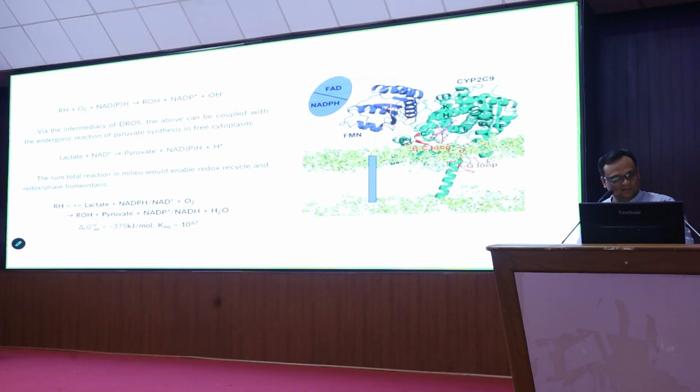Now you see the contribution where lactate along with RH, a drug molecule, can be metabolized by the cytochrome P450 produced ROS, and the delta G that you have is negative 375 kilojoule per mole and the equilibrium constant is like 10 to the power of 67, which approaches what you saw.